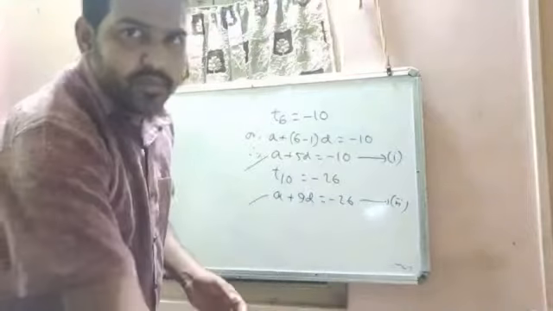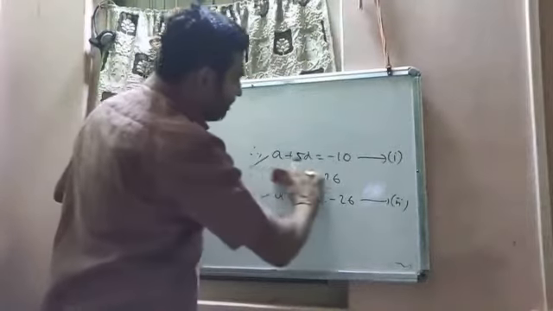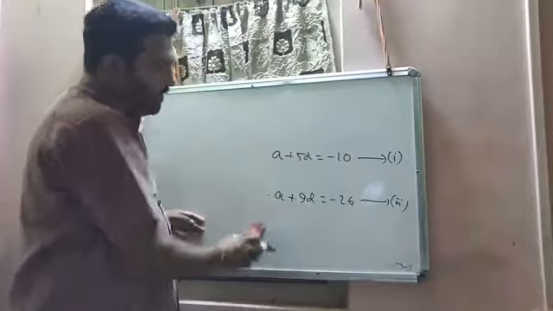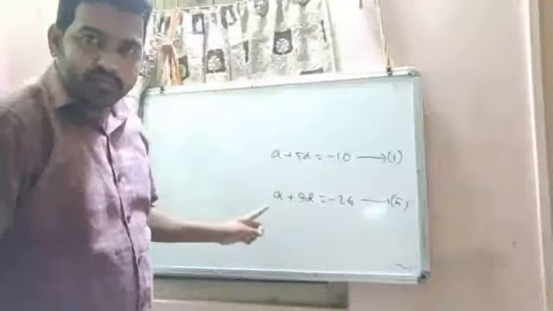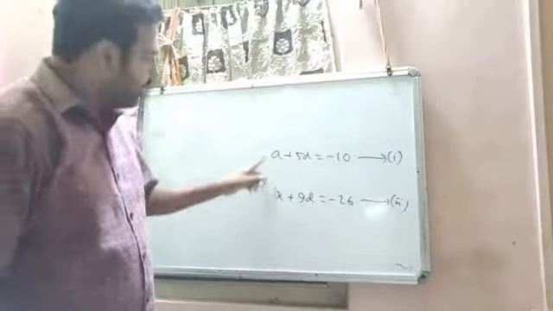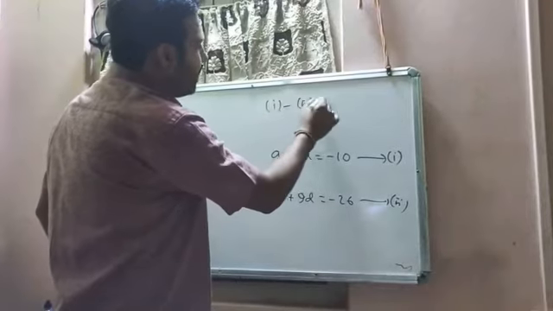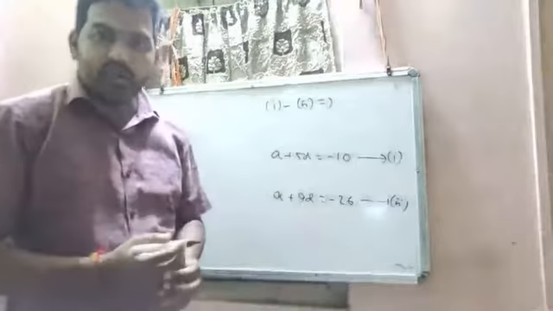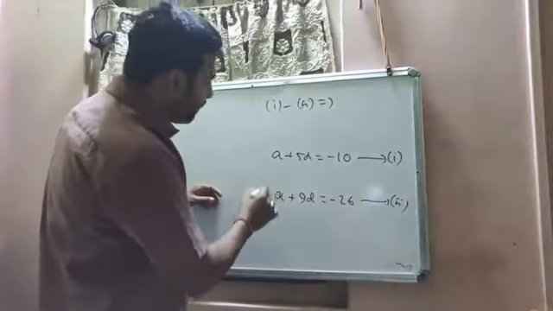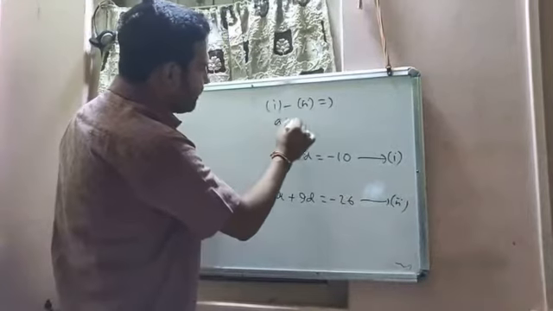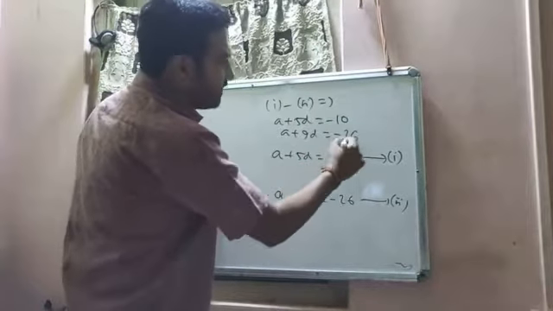There are different methods. According to the elimination method, see, the coefficients of A in both the equations are the same, 1 and 1. So we can easily subtract equation 2 from equation 1 in order to eliminate A. A plus 5D is equal to minus 10, A plus 9D is equal to minus 26.